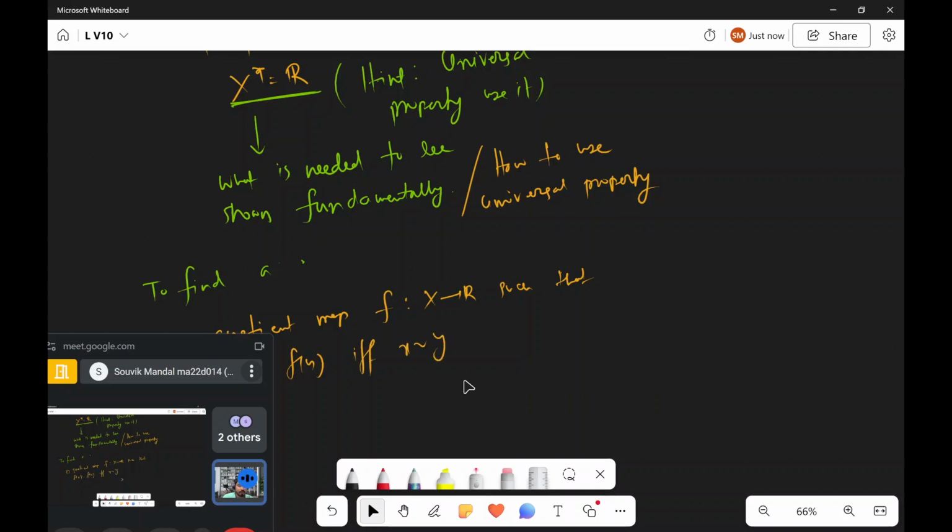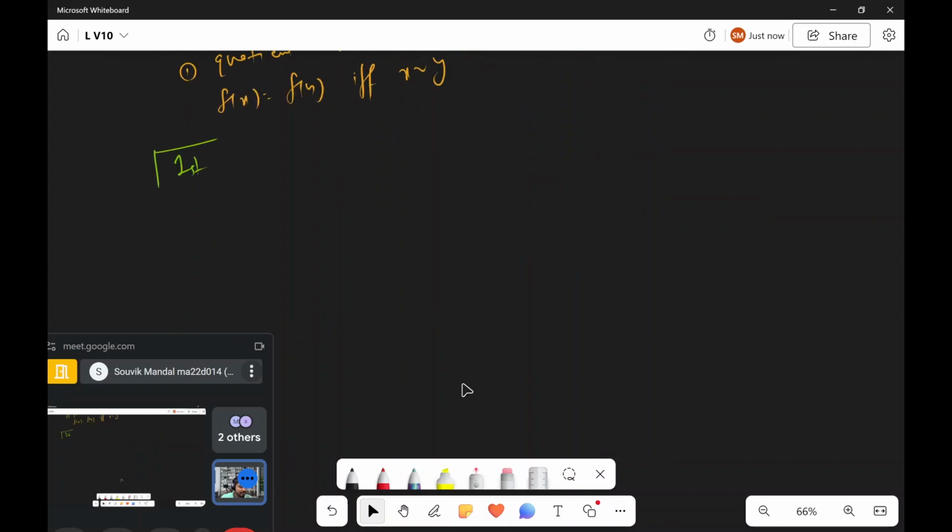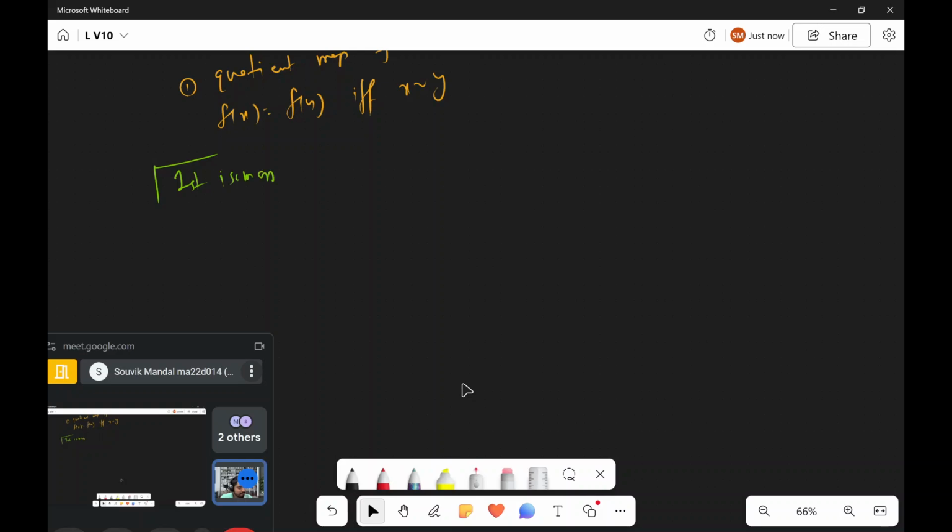x is related to y. So how can you remember this formula? In algebra, you have done the first isomorphism theorem, right? Suppose there is some group G1 to G2 and suppose f is surjective.